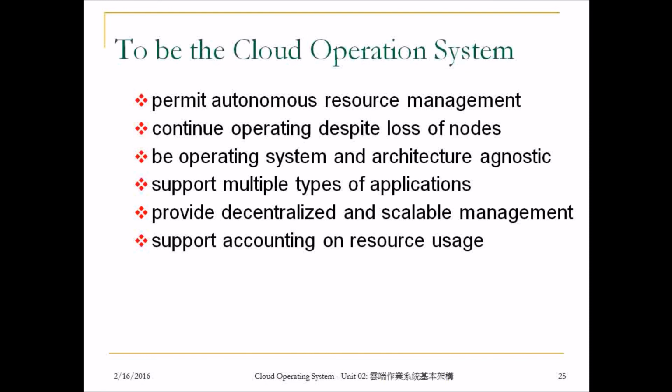And the cloud operating system should continue to operate despite the loss of a node. Even if some physical machine is out of order or out of service, the whole system should still be good for the client user.